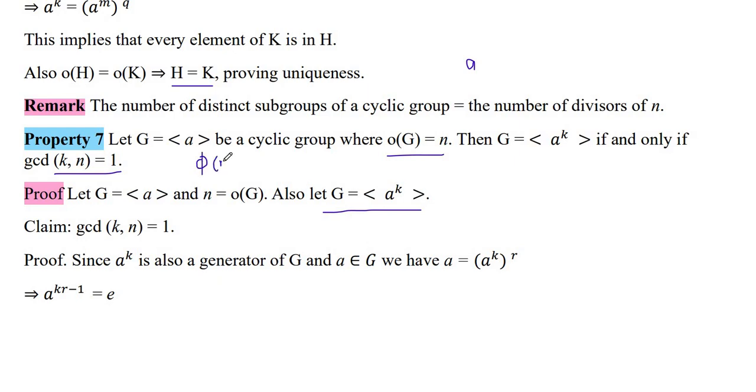So you can have phi of N generators. How many generators can you have? Phi of N generators for G generated by A of order N.